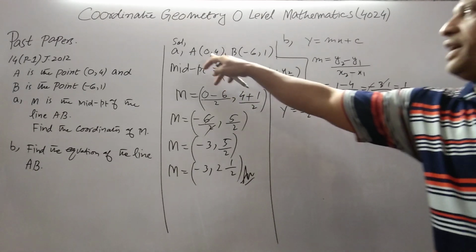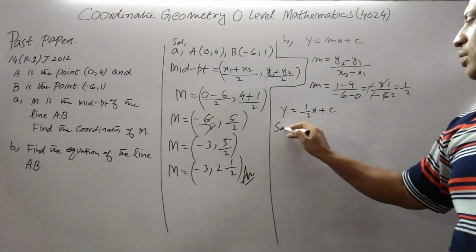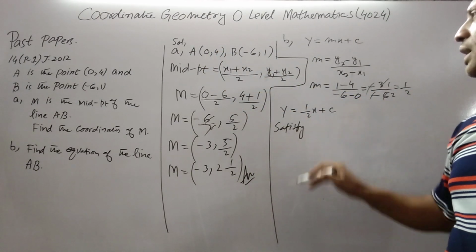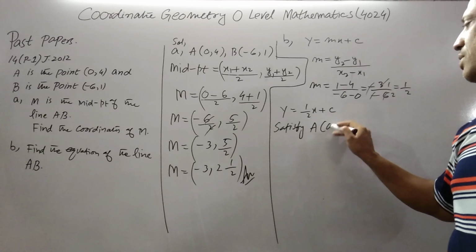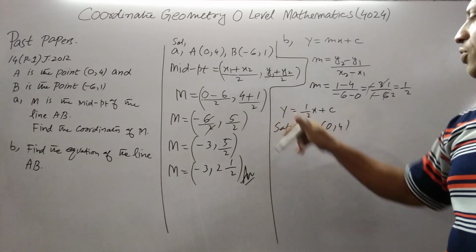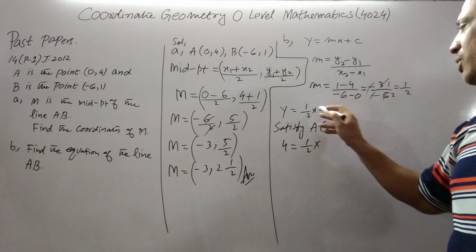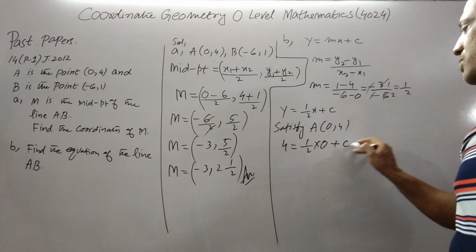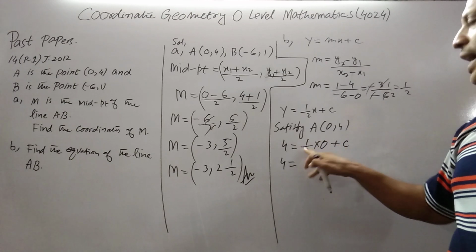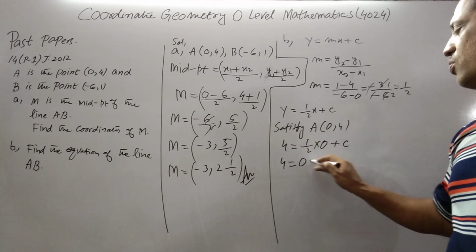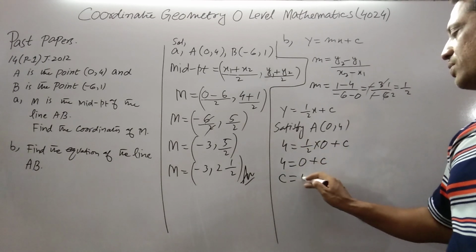For example, I am taking A (0, 4). Put 4 for y: 4 equals 1 upon 2 into x, x is 0, plus c. Anything multiplied by 0 is 0, so 4 equals c.